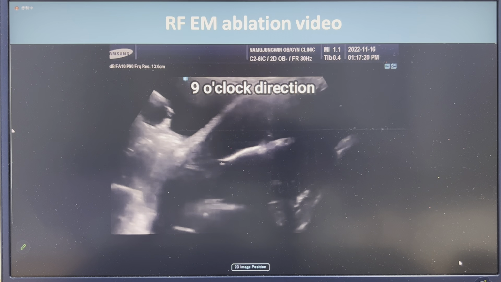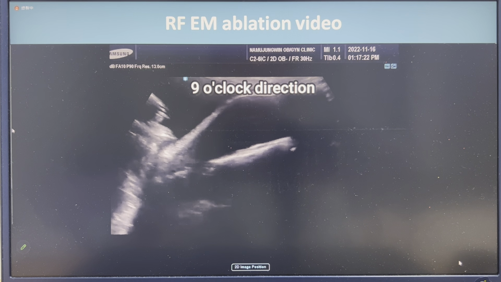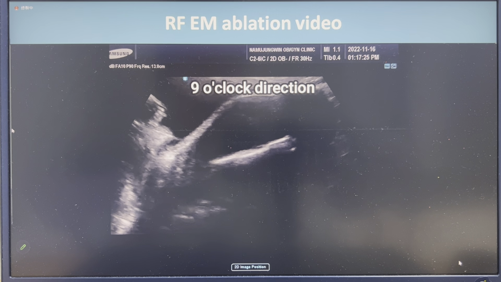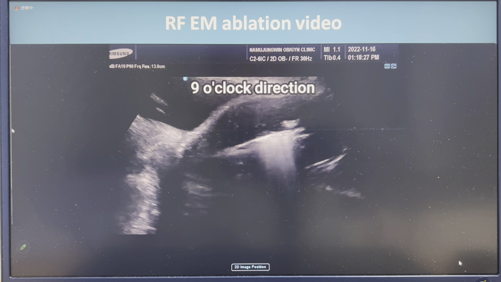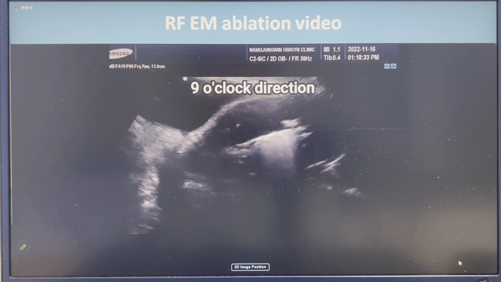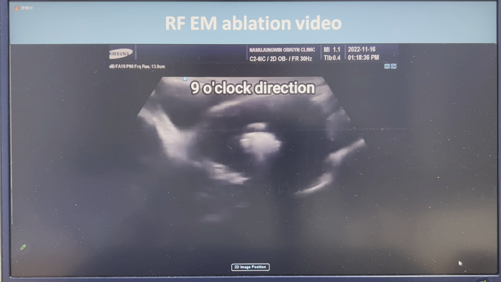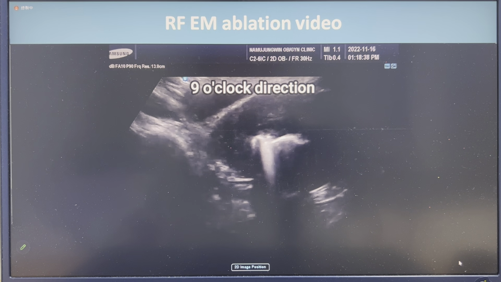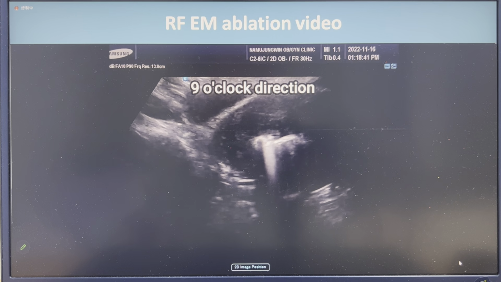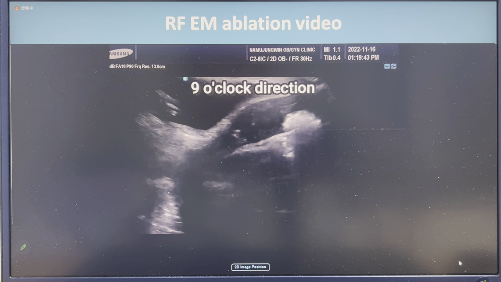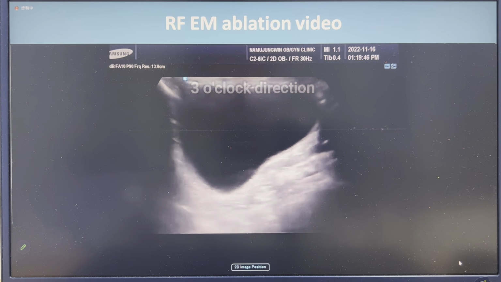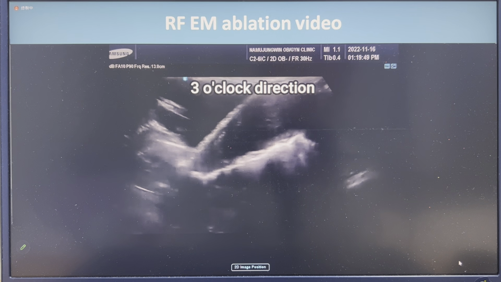Next, ablate the 9 o'clock direction. After ablation on one side, it is better to wipe off the carbonized tissue on the tip and insert it again before ablation in a new spot. And next, ablate the 3 o'clock direction.